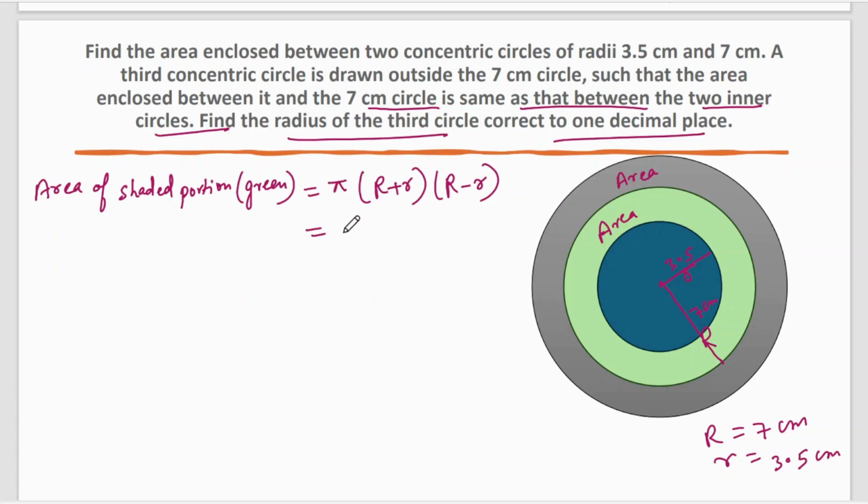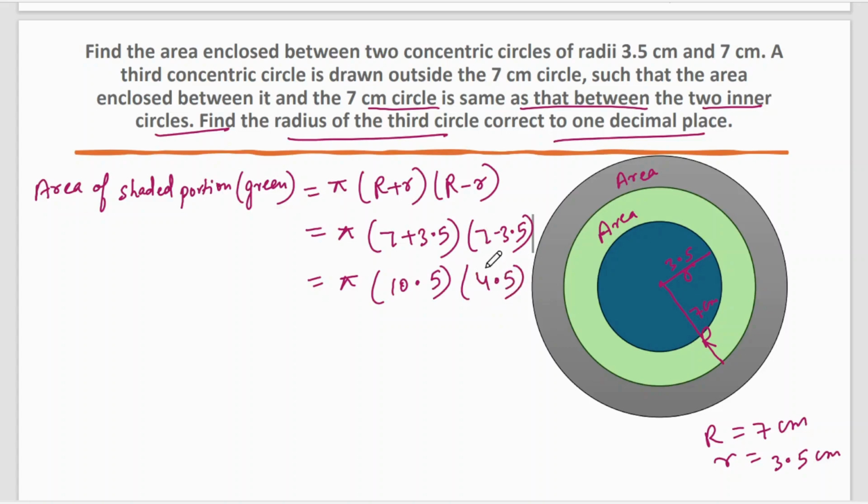Now pi is 22 by 7, or let us keep it as pi only. So pi, 7 plus 3.5, 7 minus 3.5. Let me calculate this: pi, 10.5 and 3.5. Now let us keep this as it is.